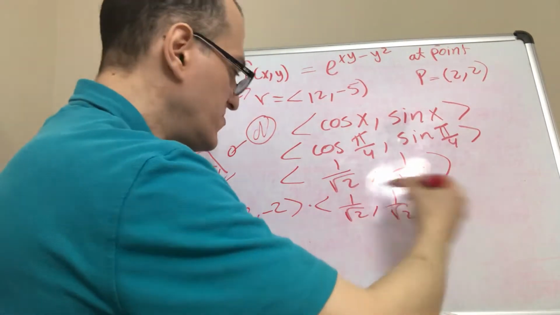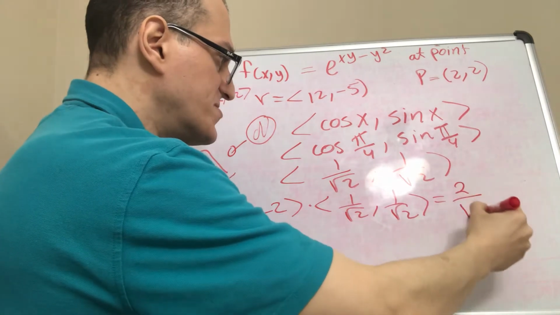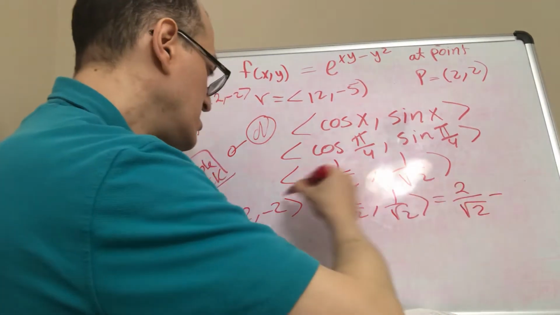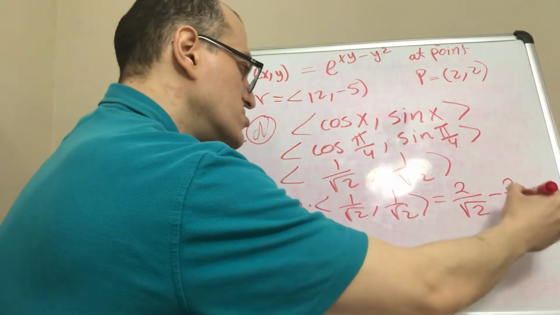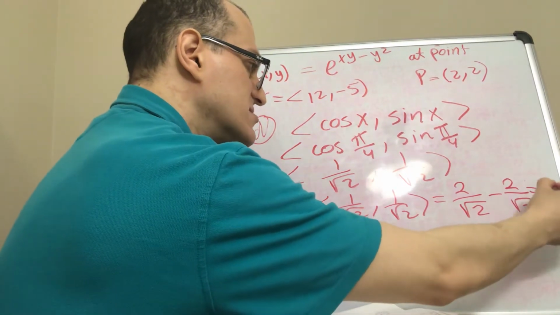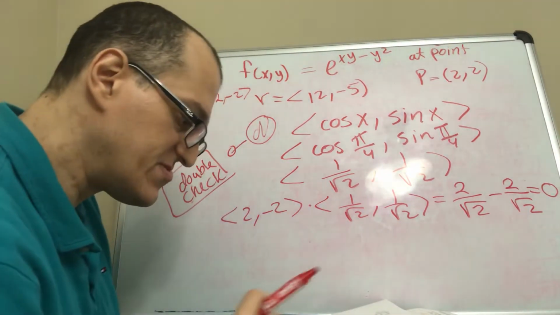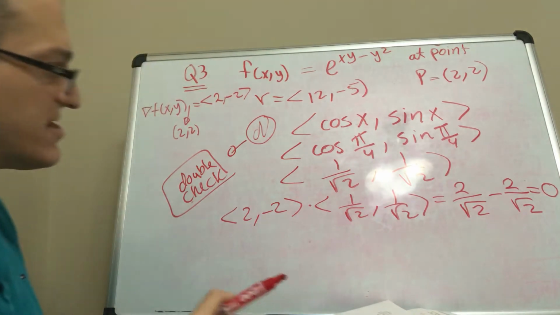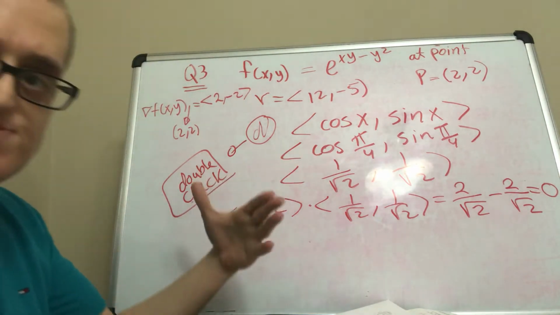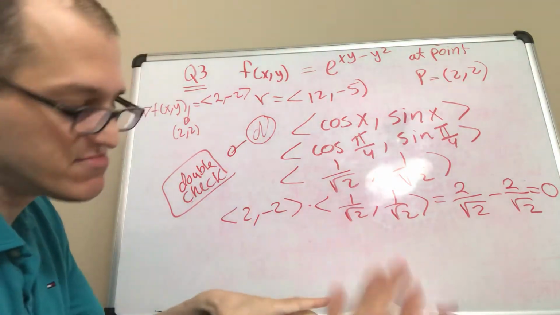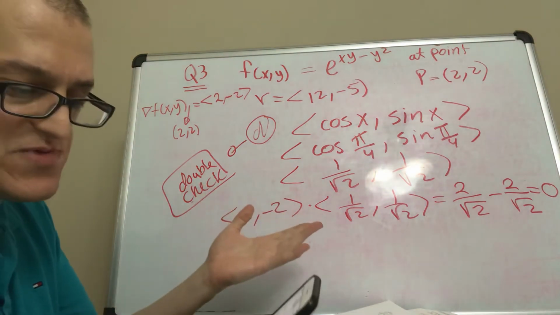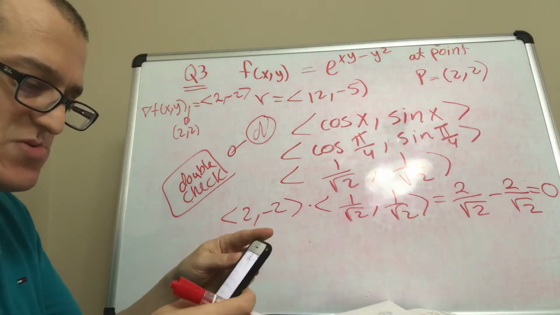This times the first is 2 over root 2, and this times this would be 2 over root 2. They cancel each other. The derivative here is 0. But again, I don't know what he means by the angle with the gradient, and I couldn't find it even in the textbook or anywhere.